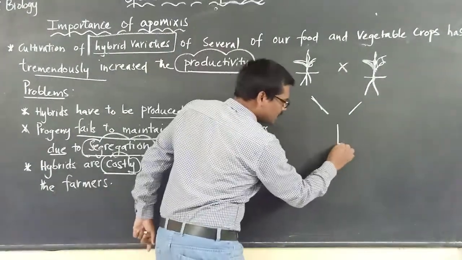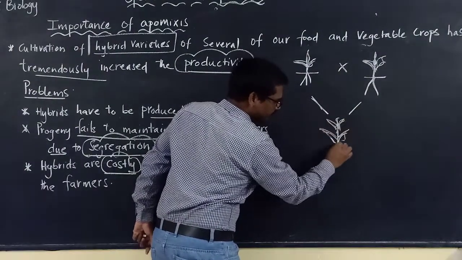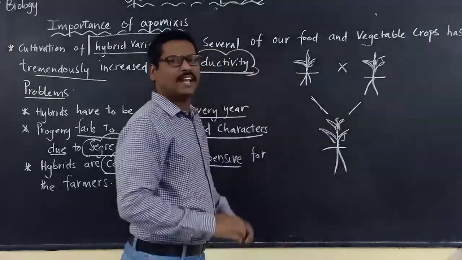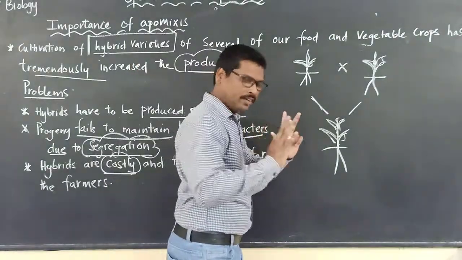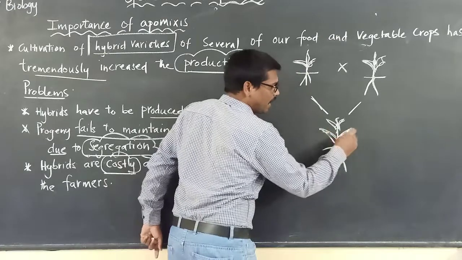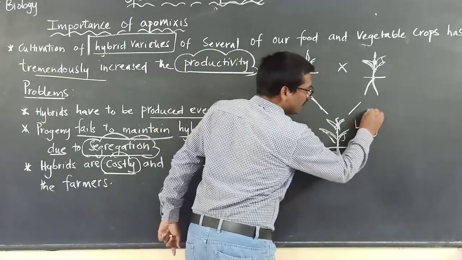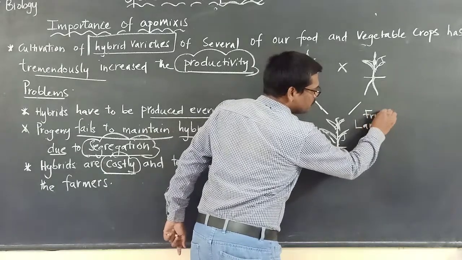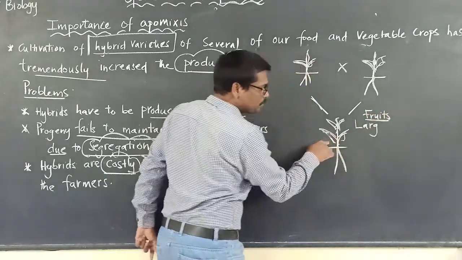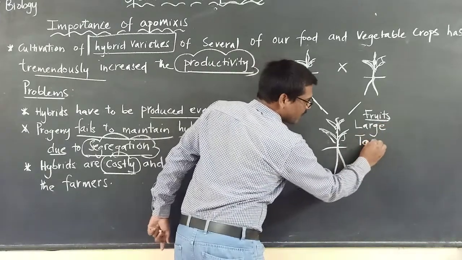Let us say this is the hybrid variety. Now let us take it as an example: this plant is bearing fruits which are large and which are tasty.